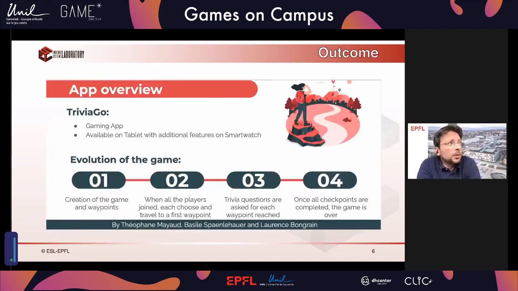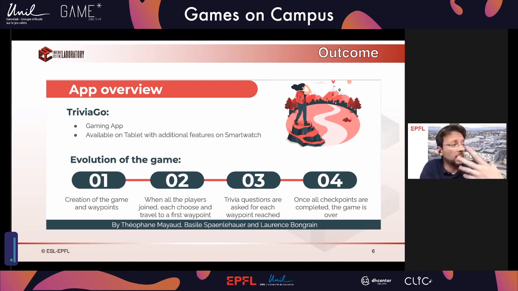Just to give you an example of an application that students came up with, here is the Trivia Go app, which was developed by Teofan, Basile, and Lawrence last year. It's a collaborative and geo-based game in which there is a game master, who creates a game by placing different waypoints on the map and placing questions on the waypoints.